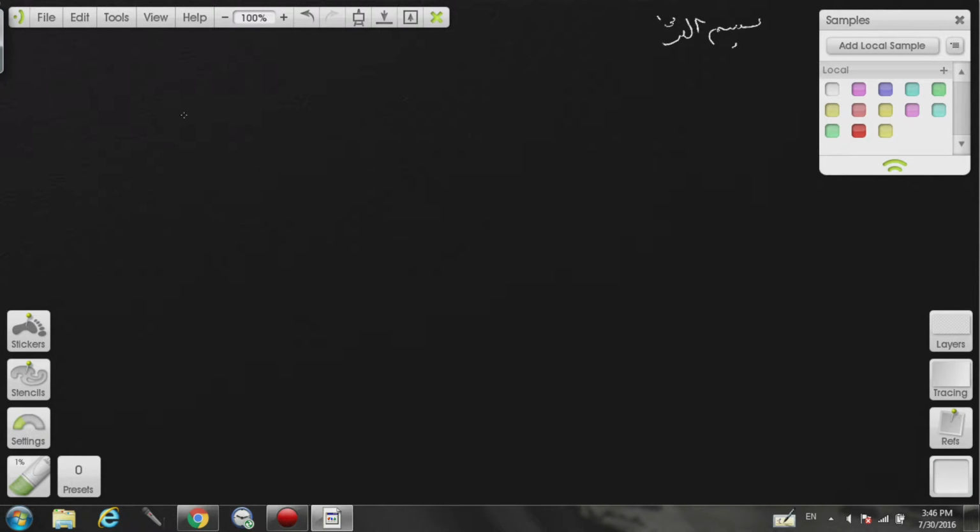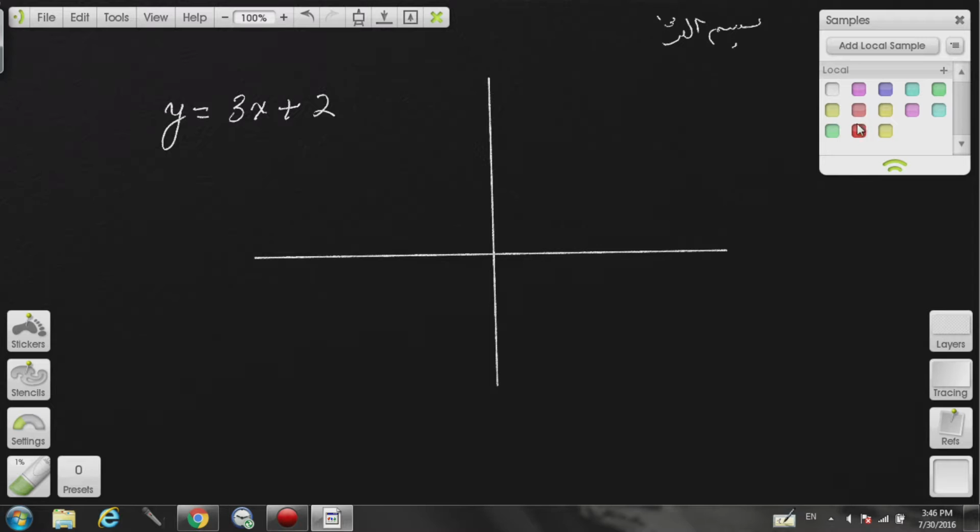So even before we get to system of linear equations, I want to pause here and make sure you understand this concept. So this is, of course, a line, correct? Let's just draw this. Y-intercept is 2, and the slope is up 3 and over 1.